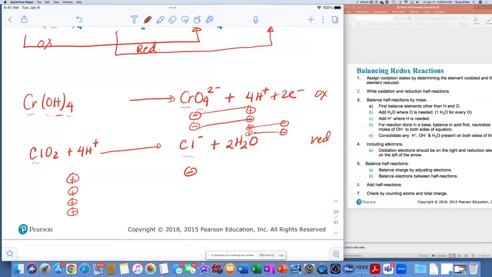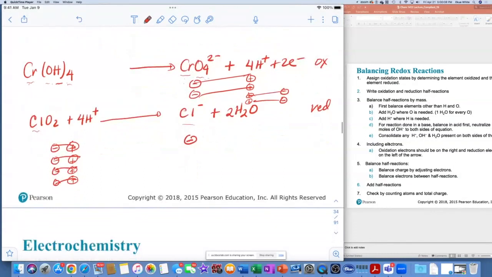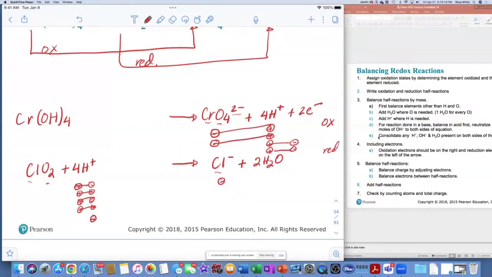So we know we're adding electrons on the left side, right? Correct. Left side only, not right. So I'm going to add negative, negative, negative, negative. If I add four negatives, it neutralizes these four I already have, but I have to add a fifth negative so that now I have one extra electron on the left side to match what I have on the right side. One negative on the left and one negative on the right. So I added 5 electrons in the process.